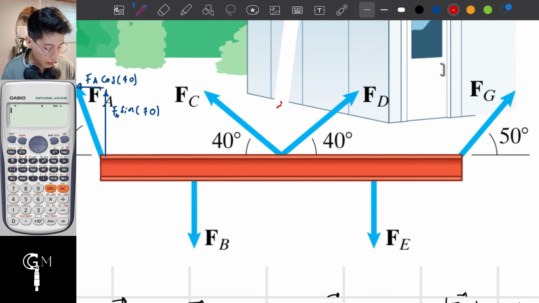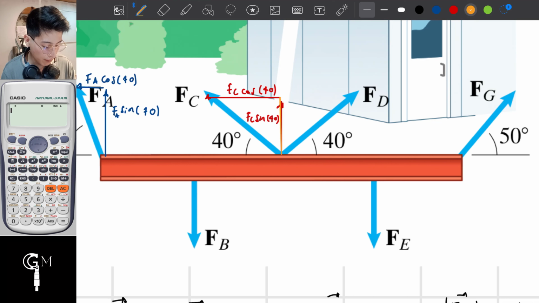In the case of Fc, we have Fc sine of 40 and Fc cosine of 40.